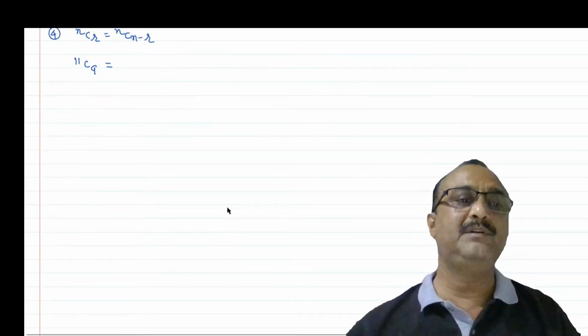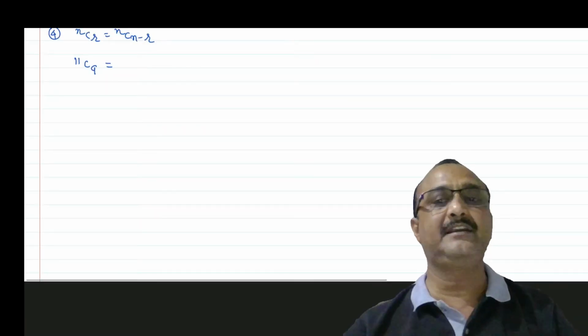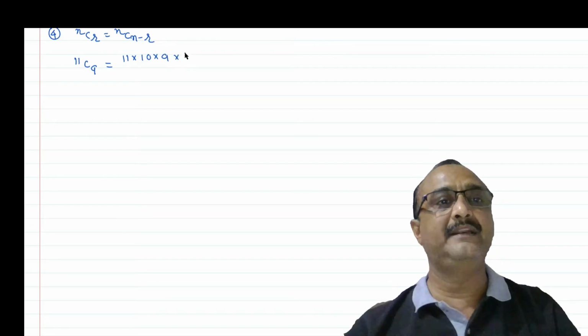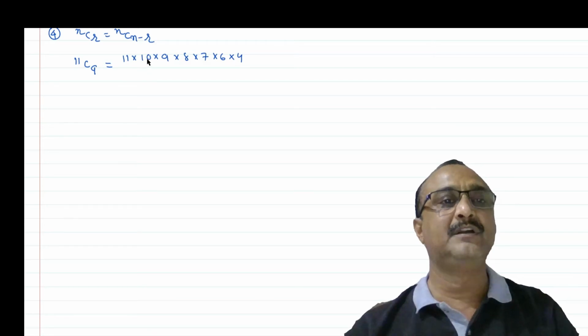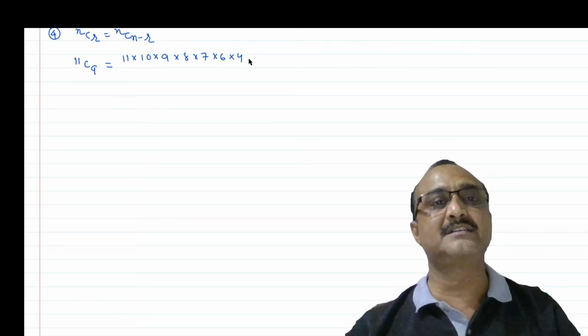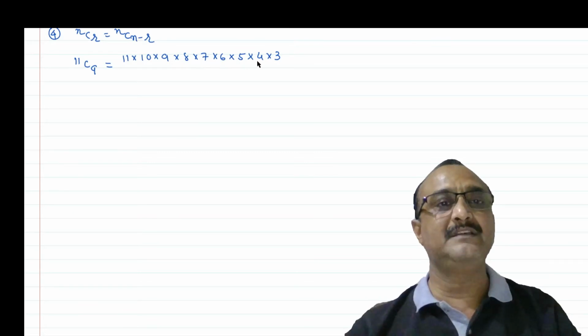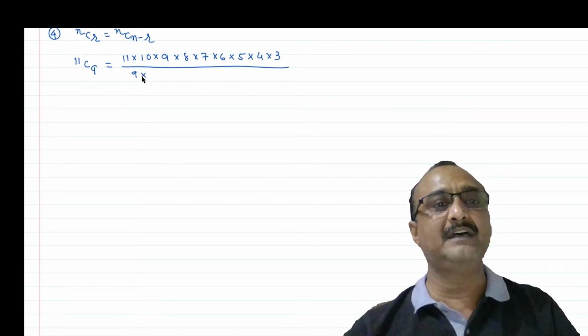If we calculate 11C9 directly, it is quite a lengthy calculation: 11 into 10 into 9 into 8 into 7 into 6 into 5 into 4 into 3 into 2 into 1, divided by 9 factorial. 9 factorial means 9 into 8 into 7 into 6 into 5 into 4 into 3 into 2 into 1.